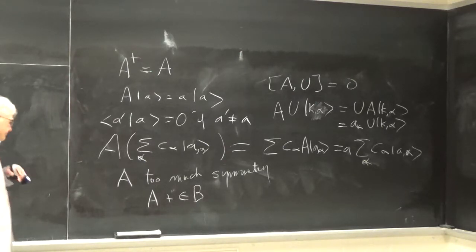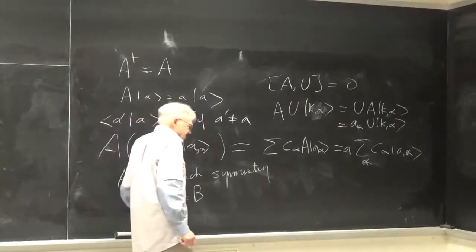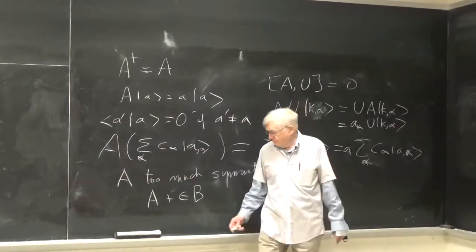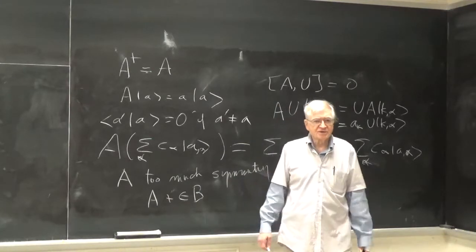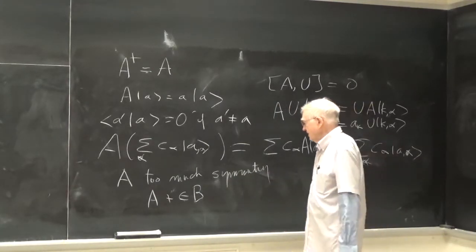For example, if A is a Hamiltonian, B might be angular momentum, or Z components of angular momentum, and so forth.